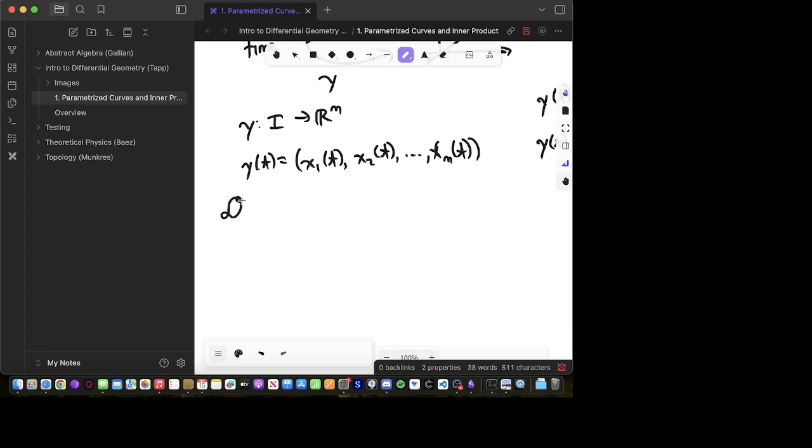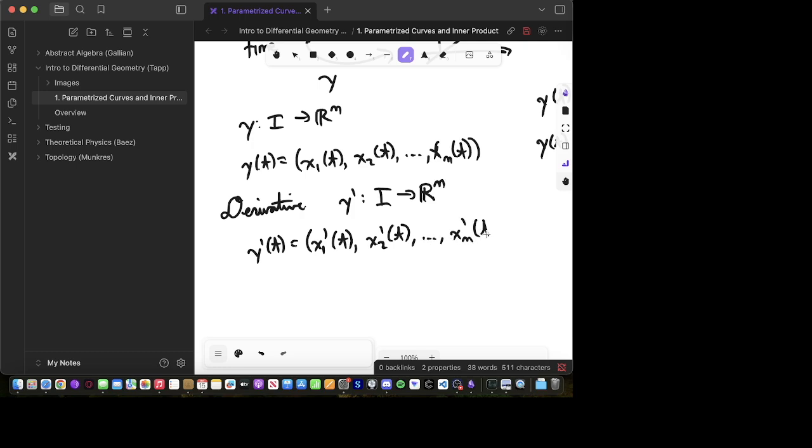So if we take the derivative of this, which we denote by this, that is the curve defined by this expression.